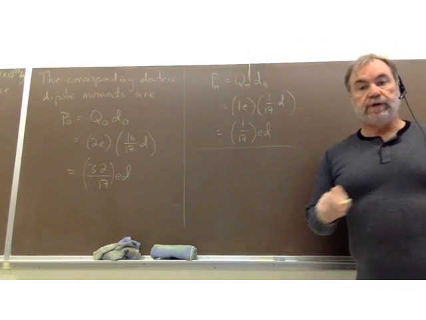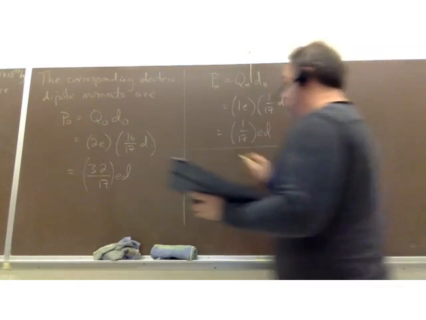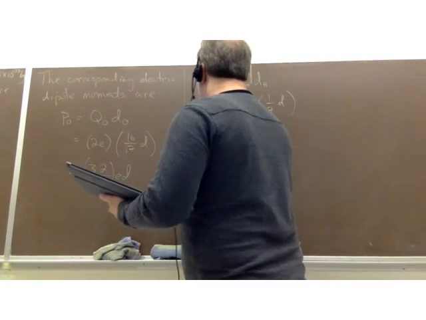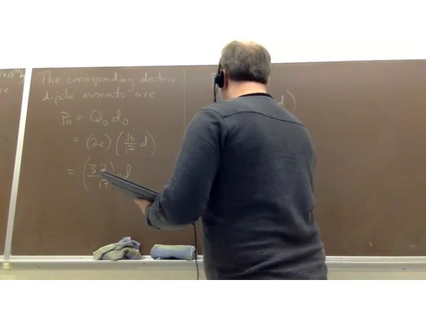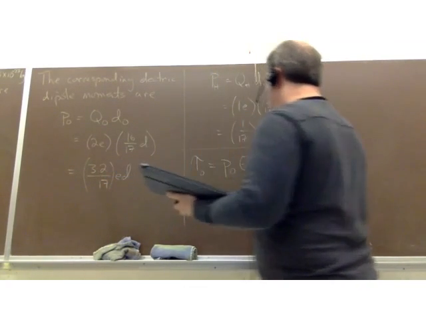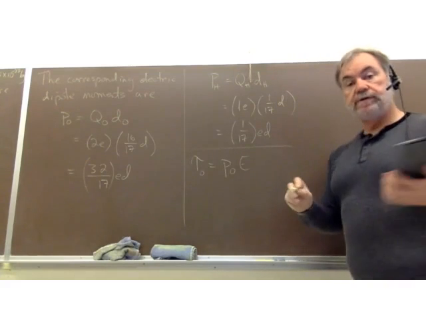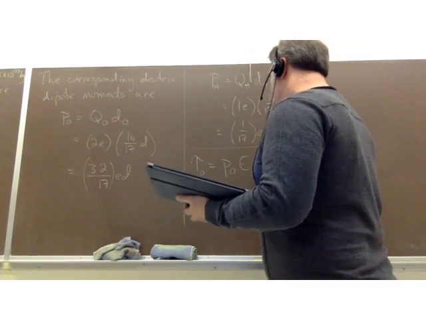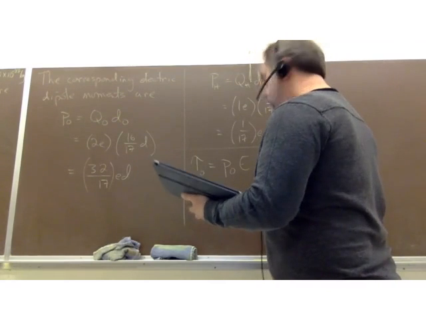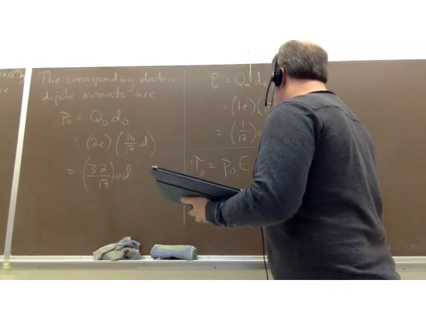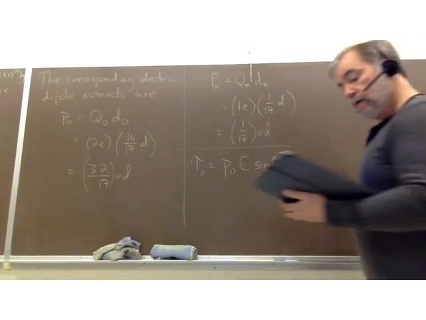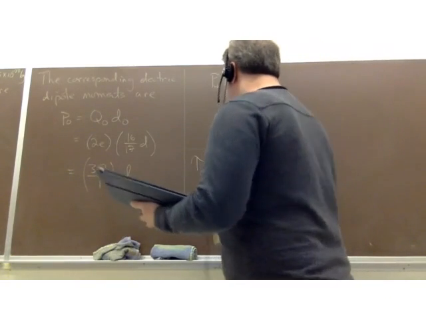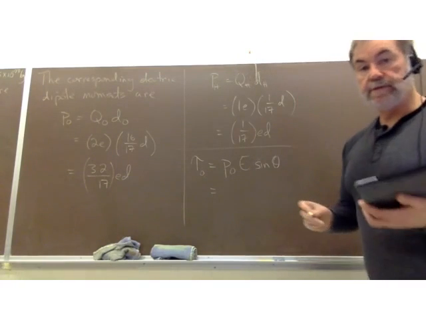Now that we have the moment arms, we can start to calculate the torques. The torque on the oxygen is going to be PO times the electric field times the sine of the angle between them, which is 30 degrees. And I'm going to skip a couple of the steps.